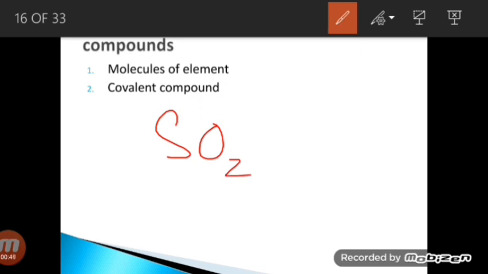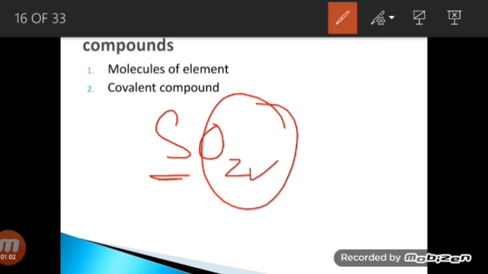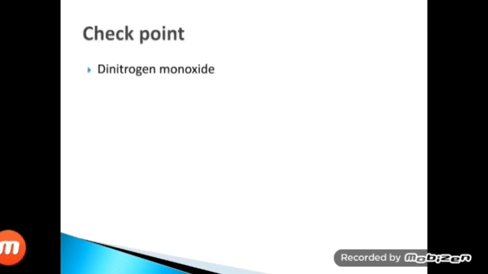Here you can see that this S is depicting the name of the element, whereas the prefix di is depicting oxygen, so it is indicating that there are 2 oxygens. So that's why we are saying sulfur dioxide.